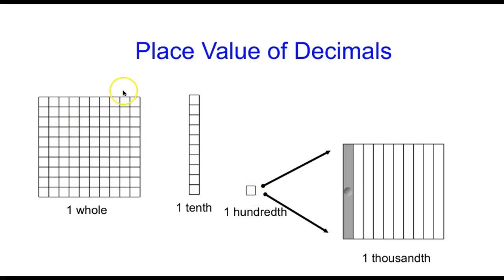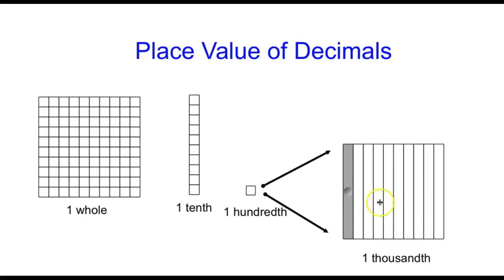So we have our whole, we have 1/10, we have 1/100th, and we also have 1/1,000th. Now this is the new one that you guys have not seen yet. The way we can represent a 1/1,000th is if we zoom in on this hundredth, we blow it up and make it big, almost like a flat here, but it's still the unit.